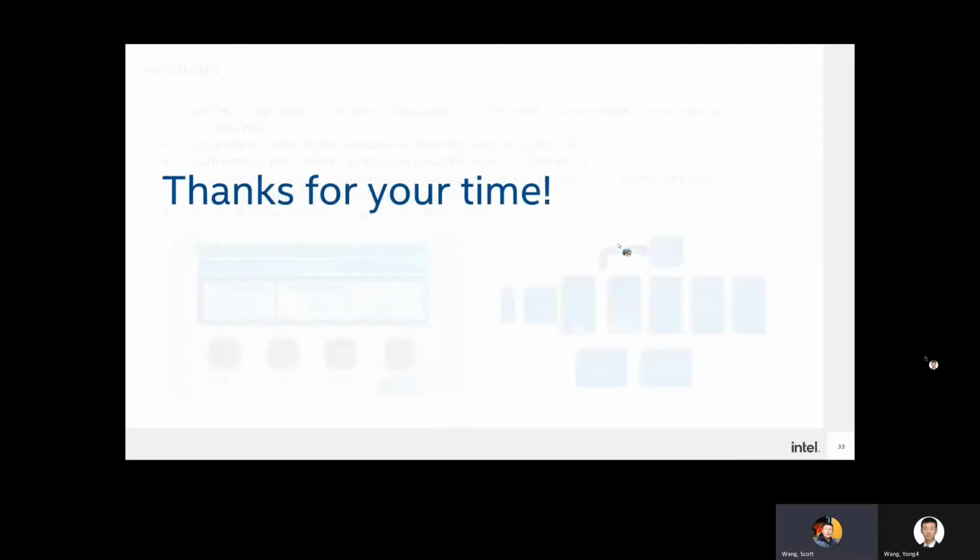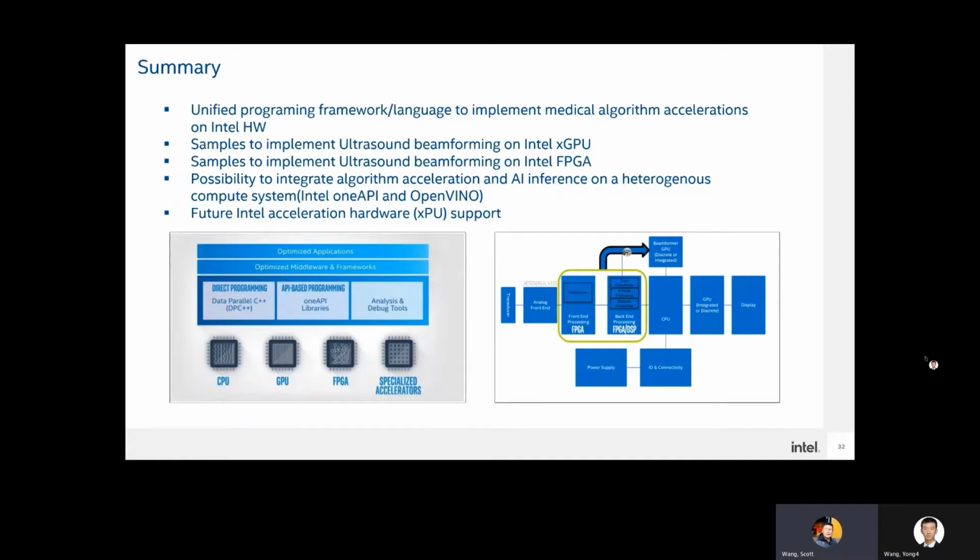Now we come to the summary page. oneAPI is a unified programming framework, including the language, to implement medical algorithm acceleration on various Intel hardware. We have shown examples to implement ultrasound beamforming on Intel iGPU, dGPU, and FPGA.